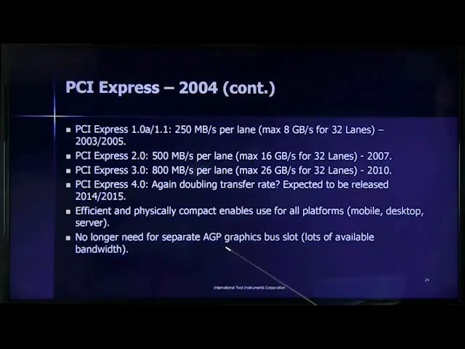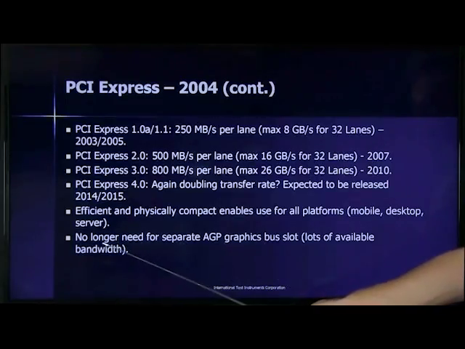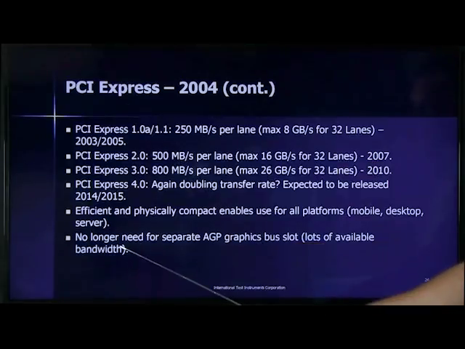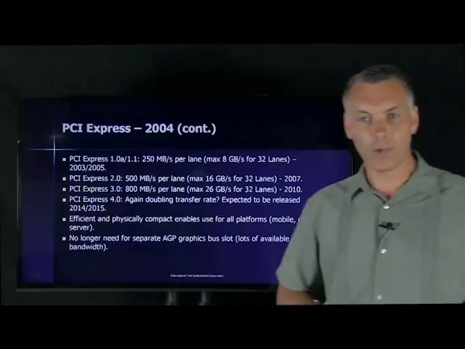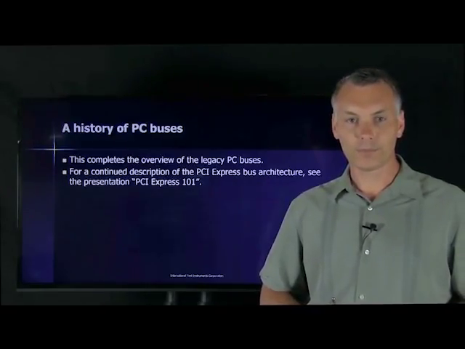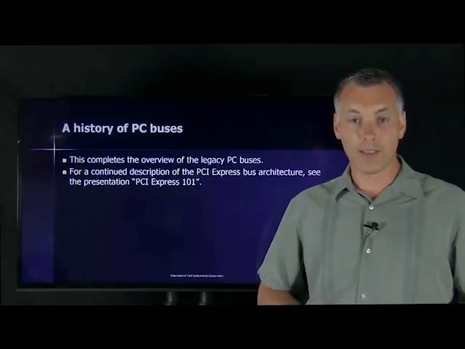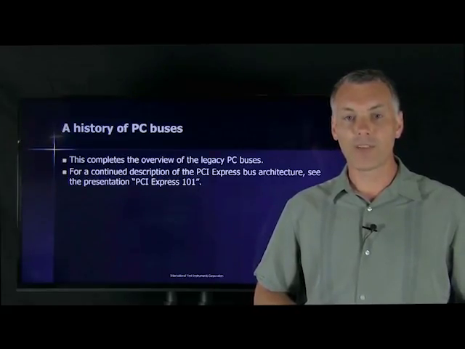And also one point to mention about PCI Express, it has so much bandwidth that there's no need for separate AGP graphic slots on the motherboard, so it all is consolidated to a common PCI Express architecture on the motherboard. And this completes the overview of legacy PC buses.